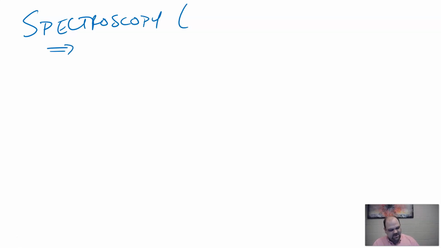So we are interested in spectroscopy. In spectroscopy, this is chapter 20, by the way, what we're dealing with is interaction between light and matter.